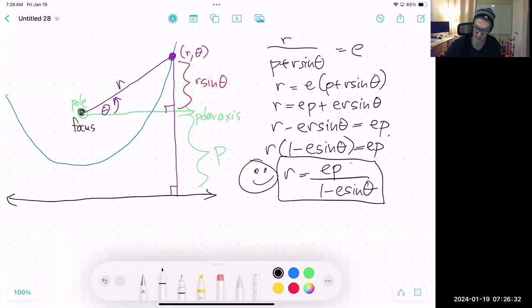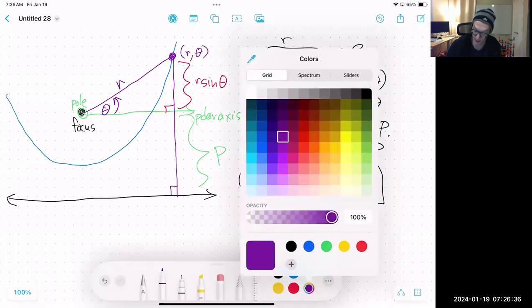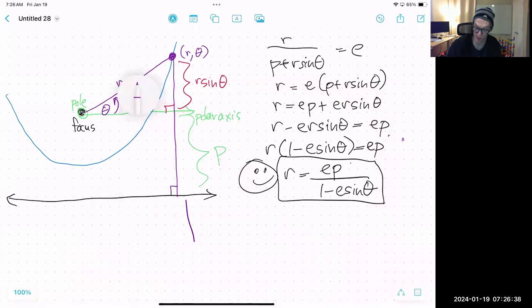Once again, this time I'll just say it out loud, or I guess I can write it down. This is the correct equation on the assumption that the focus is at the pole.